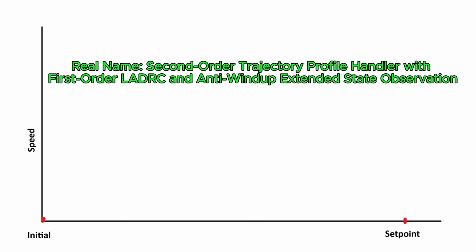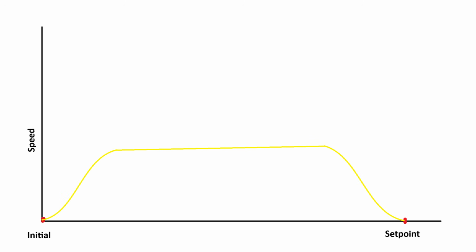Rather than doing that, our ADRC script uses a Tracking Differentiator, or TD. Visually it creates what most of us in the hobby just call a smooth S-curve. But if we want to be strictly mathematically accurate, it is generating a critically damped second order reference trajectory.